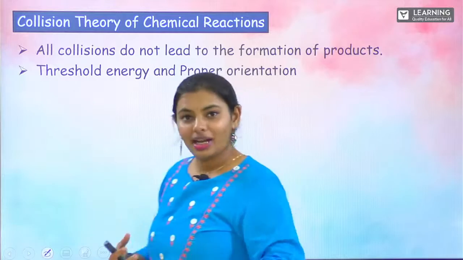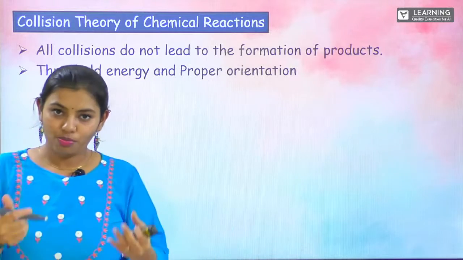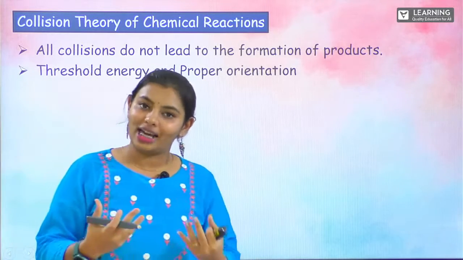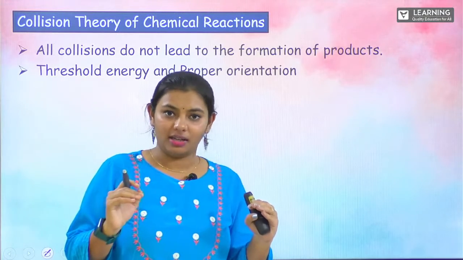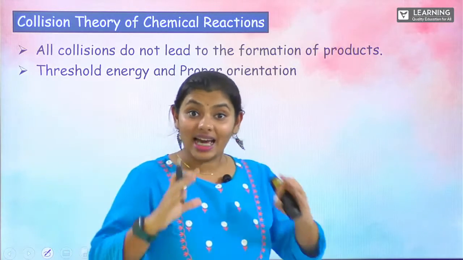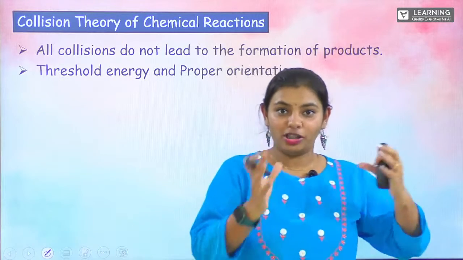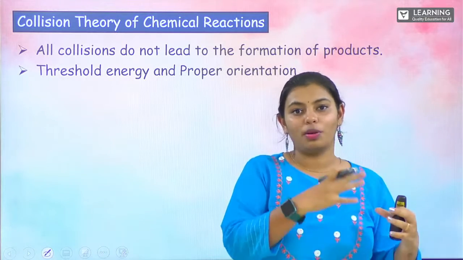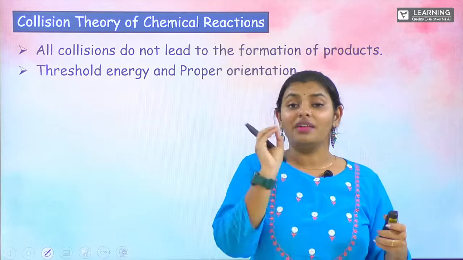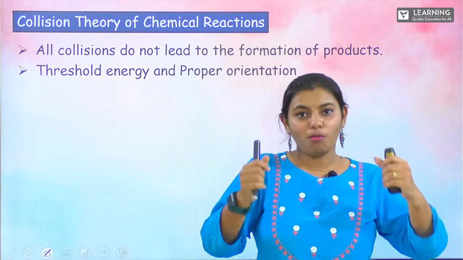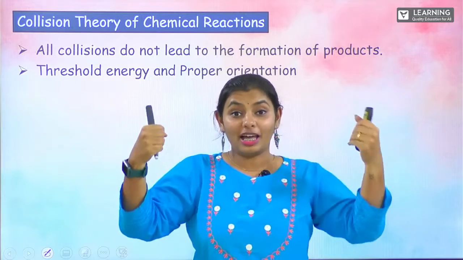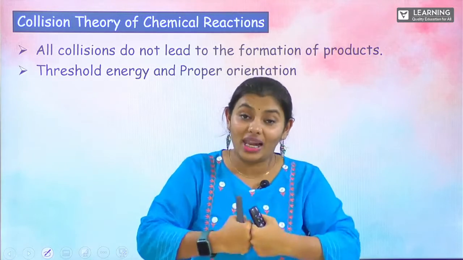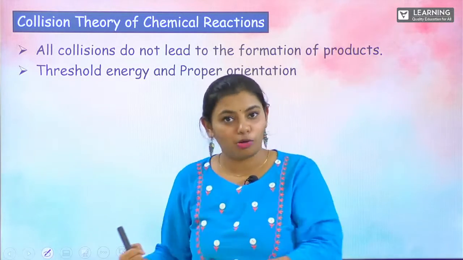So threshold energy means what? As I told you, the reactant molecules in the reaction mixture will have a certain amount of kinetic energy, right? This certain amount of energy that the reactant molecules have is called the threshold energy. If the molecules have good threshold energy, they are going to come and collide with each other very well, which is going to give us the product.